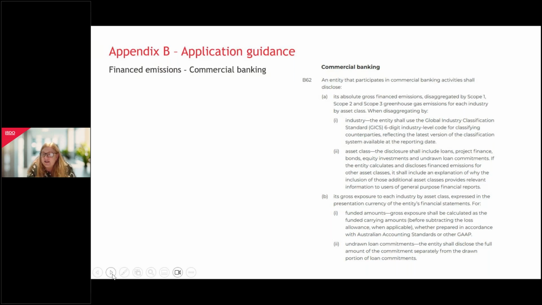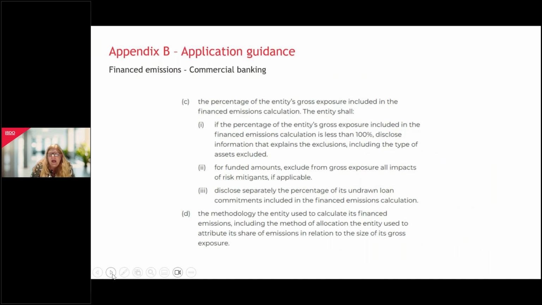The gross exposure shall be calculated as the funded carrying amounts before subtracting the loss allowance, and the undrawn loan commitments. So if there's a bank overdraft facility which has been made available, whether they've drawn on it or not, you have to disclose that. So really important for bankers to disclose a lot of information on what they are financing.